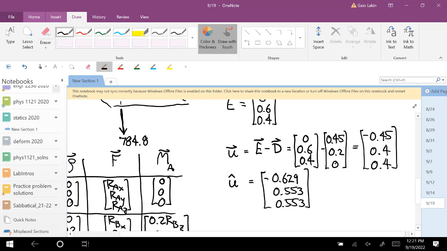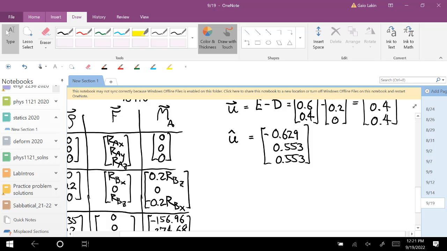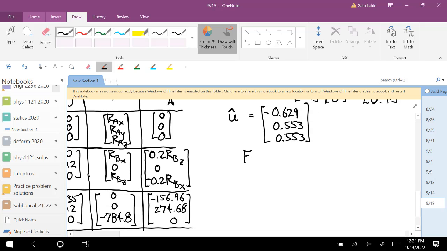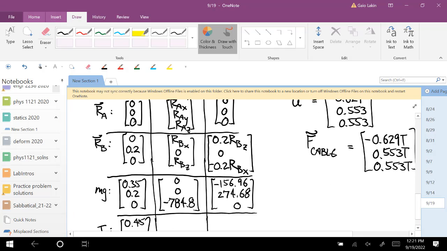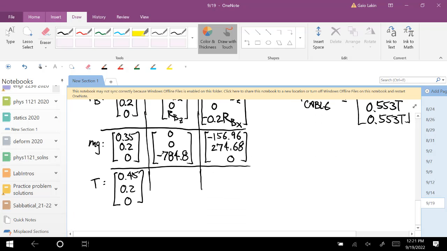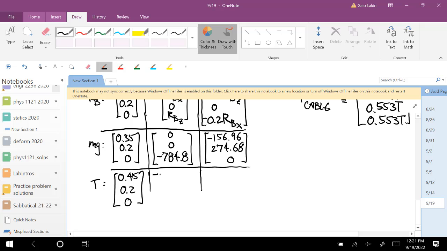Okay. And now the force applied by the cable is this unit vector times T, so negative 0.629 T, positive 0.553 T, positive 0.553 T. So put that in the force column.